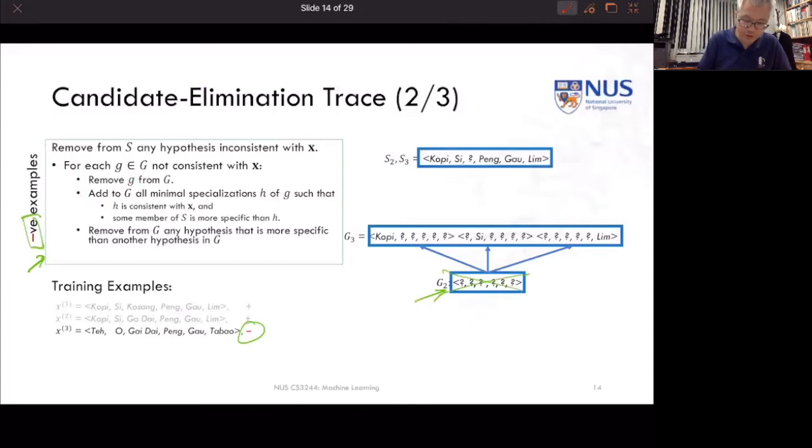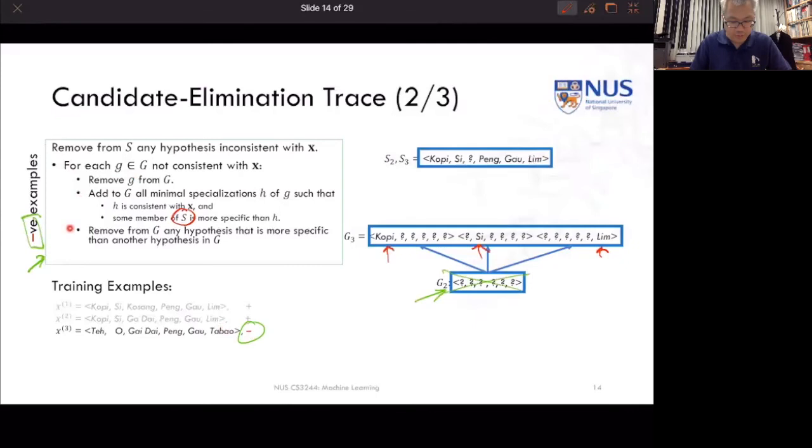And we have to make sure that some member of S is more specific than H, okay? So that only admits these three examples as possible, okay? So this one over here is a specialization of the sixth attribute, right? Because you can see they conflict, right? Dabao and lim are different, so I'm going to have to fix these up, okay?